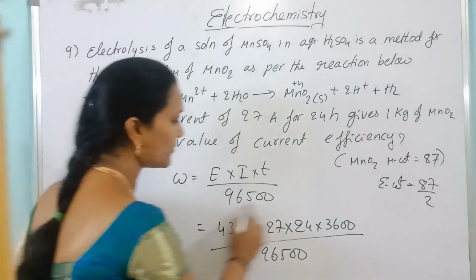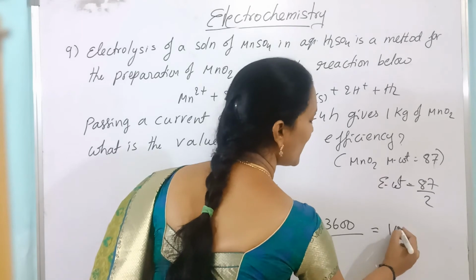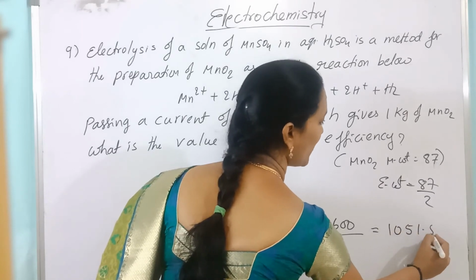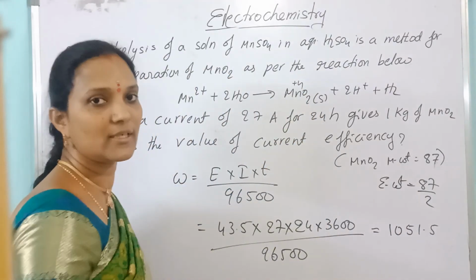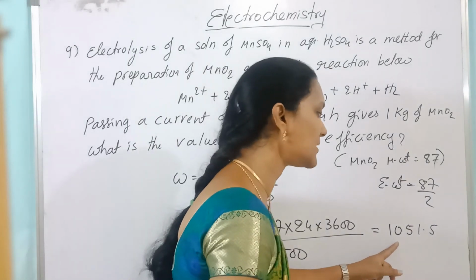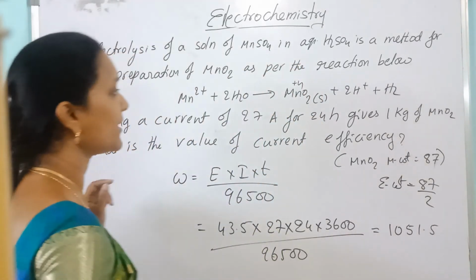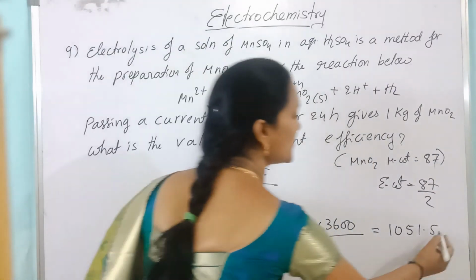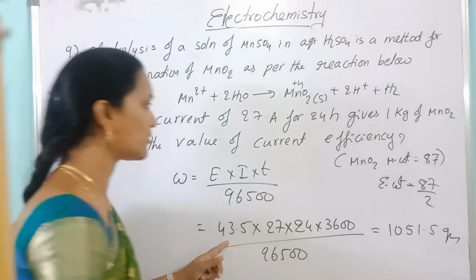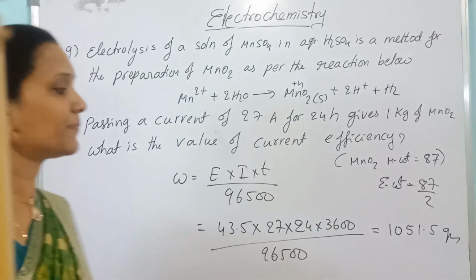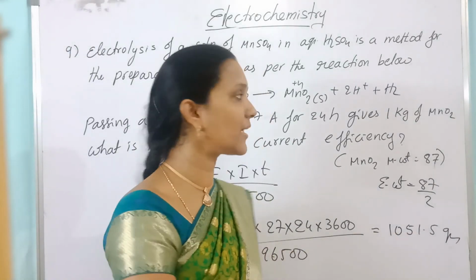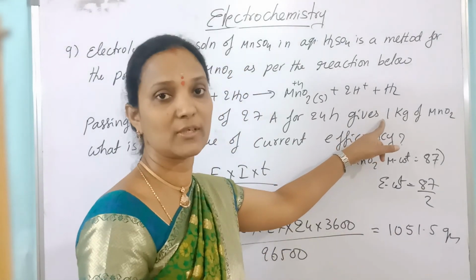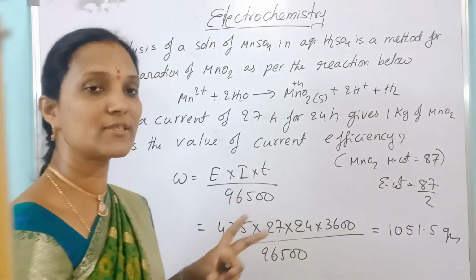Simplify this and nearly you will get the value 1051.5. This is the weight. But what is the given weight? 1 kg. 1 kg means 1000 grams, because we are using equivalent mass. Now we are getting 1051 grams, but here only 1000 grams are produced.